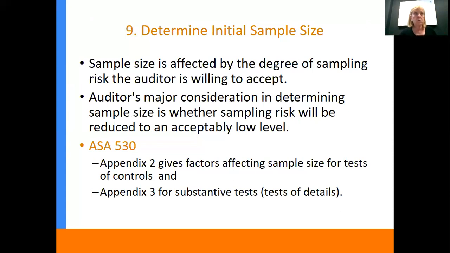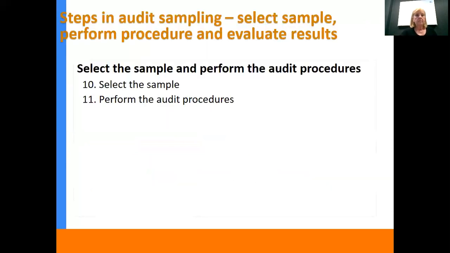So steps 1 to 9 are the planning phase. Steps 10 and 11 are the second phase, and that's where I actually select the sample and perform the audit procedure. So I've worked out how many I have to have. I know what my population is. I know what my sampling unit is, what my attribute of interest is. I now know I've got to go and select the sample.